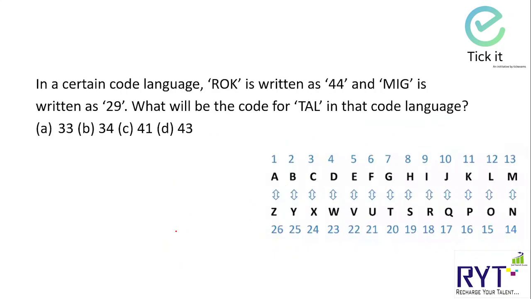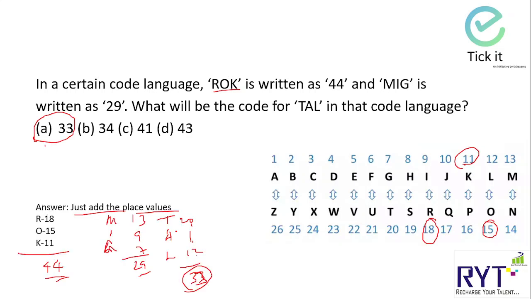First question for you. In a certain code language, ROK is written as 44 and MIG is written as 29. What will be the code for TAL in that code? Here the place value is taken. For example, ROK. Observe this table.